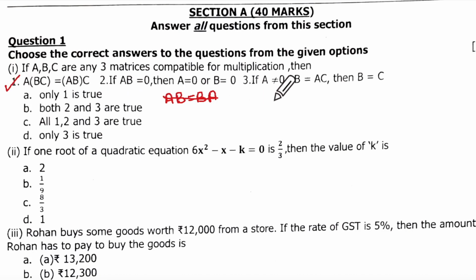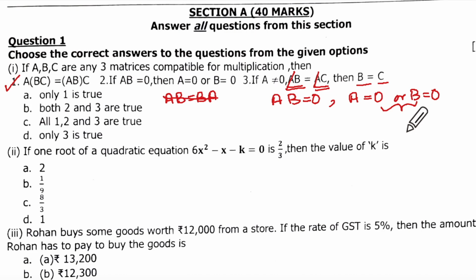Now the second one, if you have AB equal to 0, then they say A is equal to 0 or B equal to 0, which need not be the condition if you look at all the rules. And then A is not 0 and AB equal to AC, then B equal to C. If AB is equal to AC, it does not necessarily mean that B is equal to C. You cannot cancel A and say that B is equal to C. So this also is not correct.